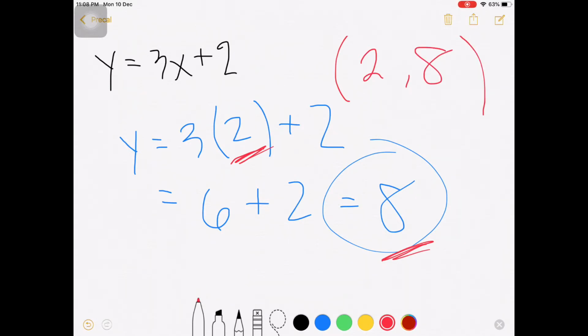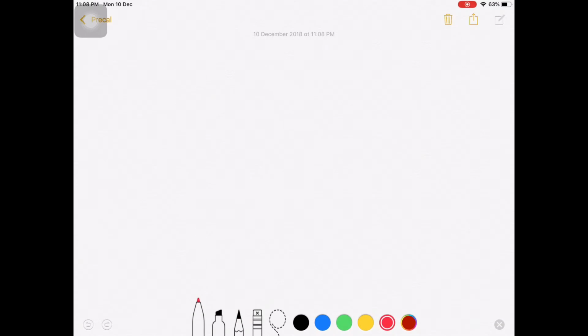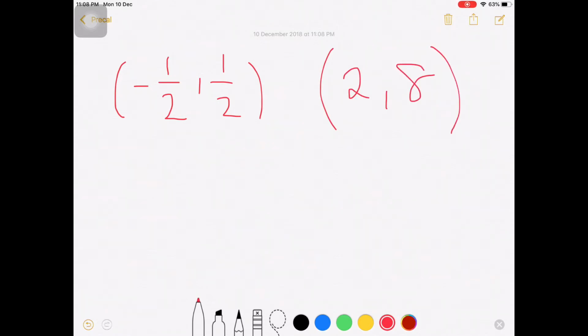Okay? So after all the process that we've done, the substitution and everything, the final points that we have discovered or solved: the first point is negative 1 half, 1 half, and then 2, 8.